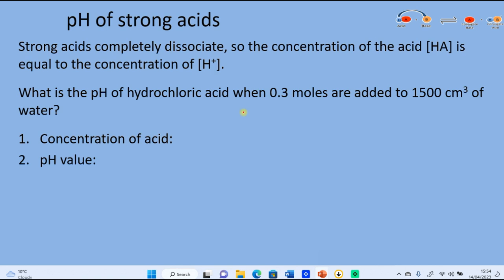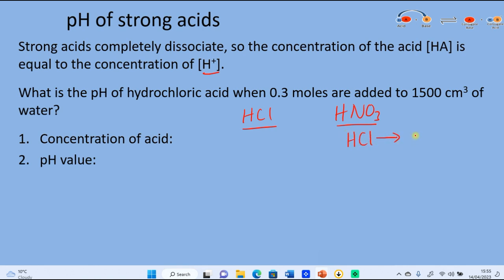Once you have the concentration of a strong acid such as hydrochloric acid, nitric acid, sulfuric acid, and so on, you have the concentration of H plus. You know why that is? Because this completely dissociates.